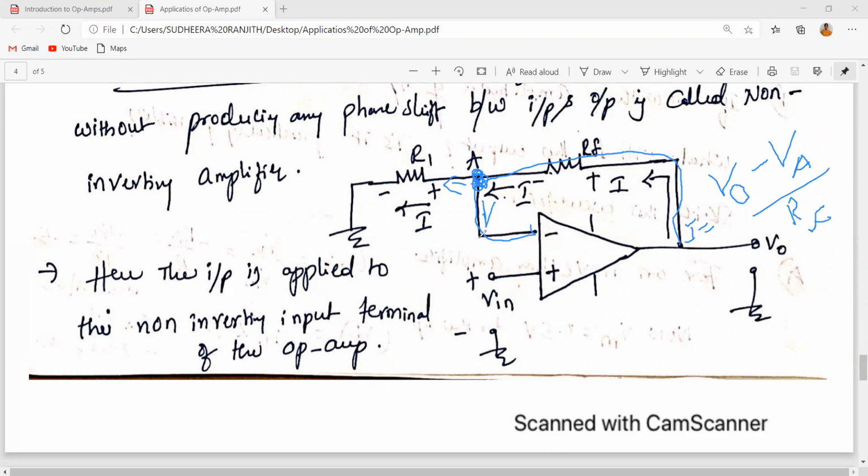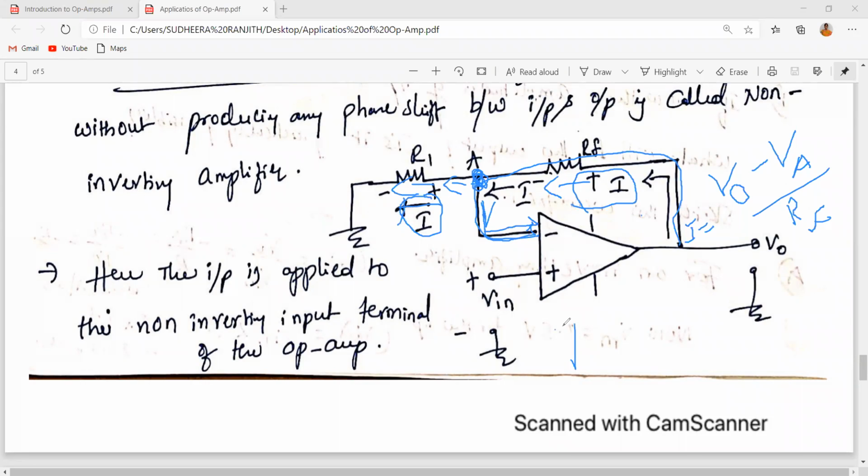But we have the assumption that the current through the op amp is 0. That means the entire current flowing through RF must flow through the input resistance R1. Whatever current flows from RF, the same current will flow through R1 also. What is the current flowing through R1?